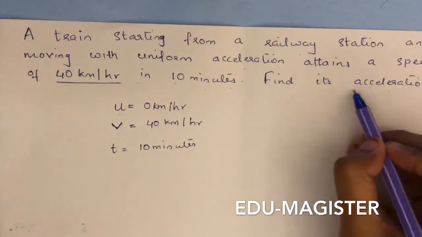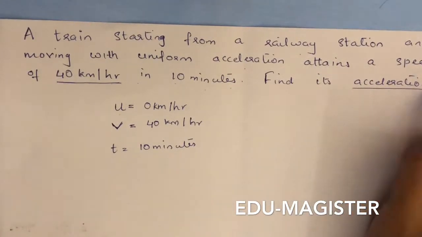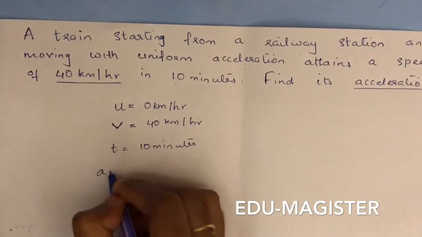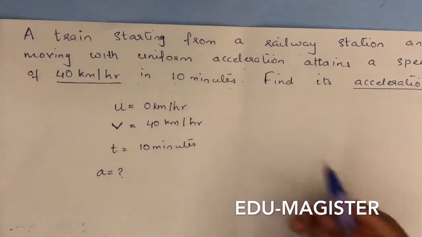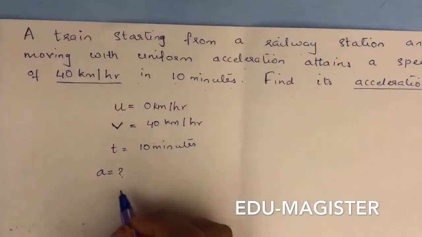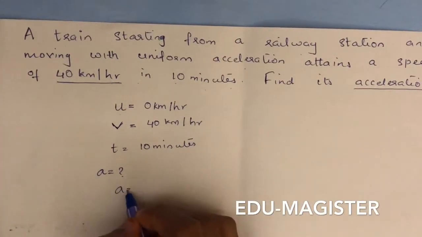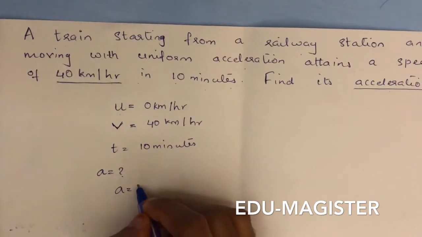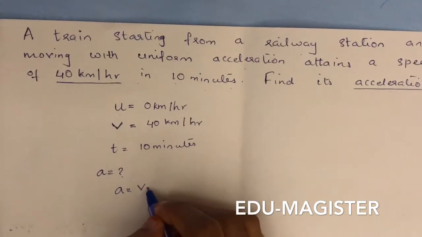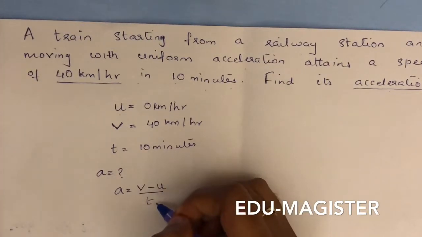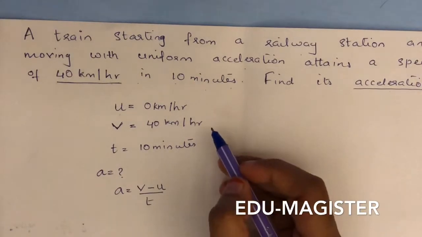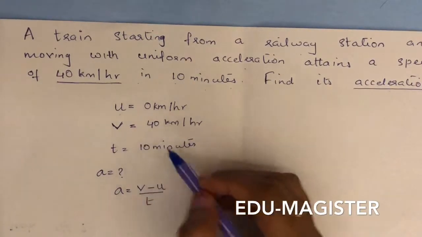The question is asking to find the acceleration of the train, A. Okay. Now, to find acceleration, we have this formula. A is equal to final velocity or final speed minus initial speed by time. Before substituting the values into the formula, let's check the units of the quantities.